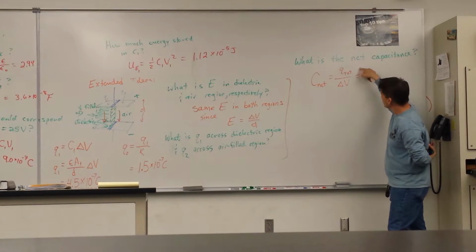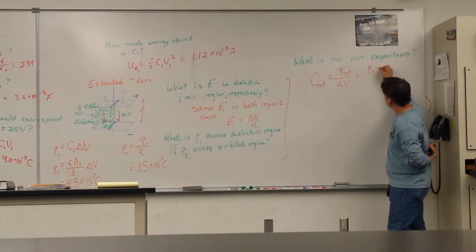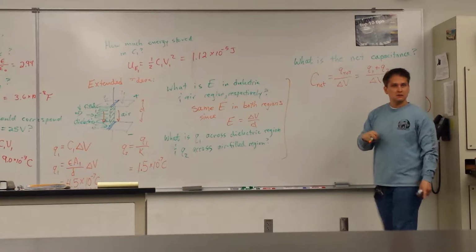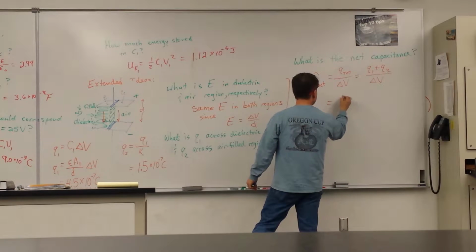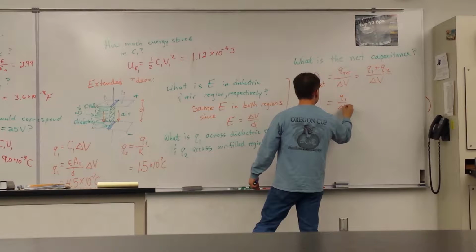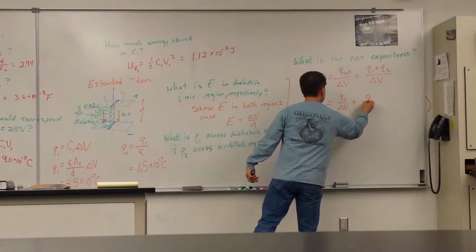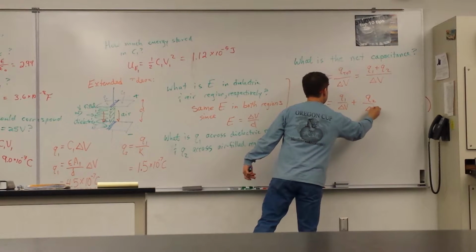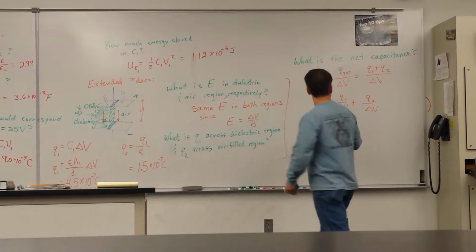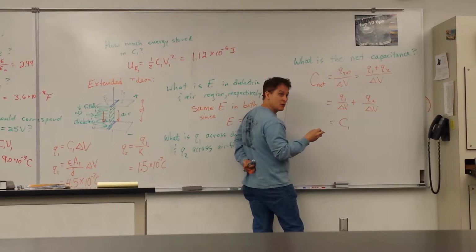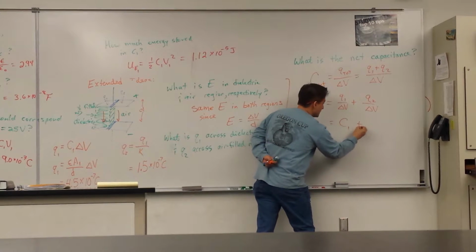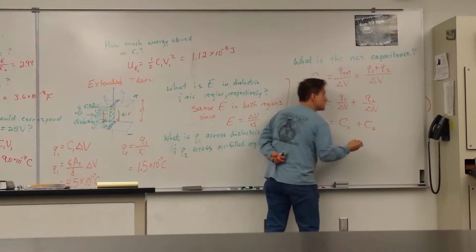The Q total corresponds to Q1 plus Q2. And we'll note that Q1 over delta V plus Q2 divided by delta V is essentially the capacitance in the C1 region plus the capacitance in the C2 region.